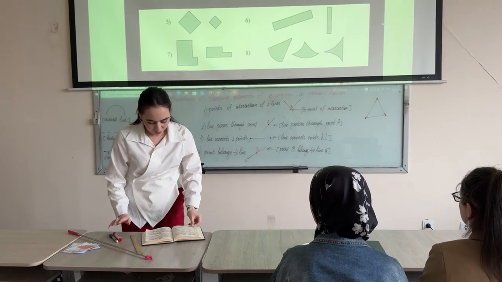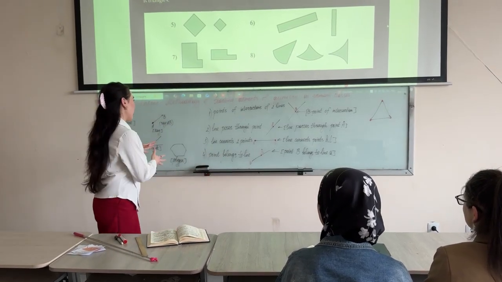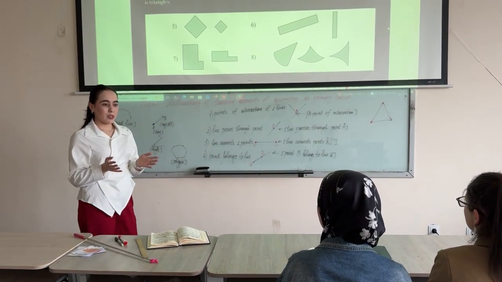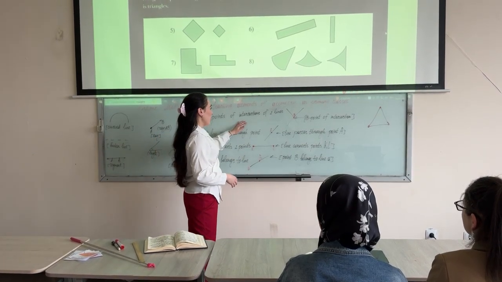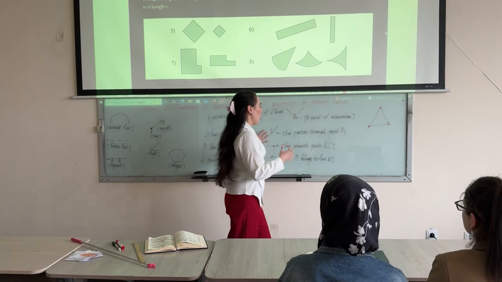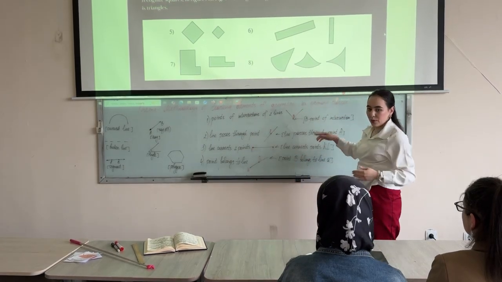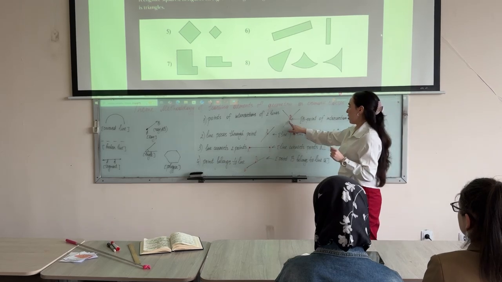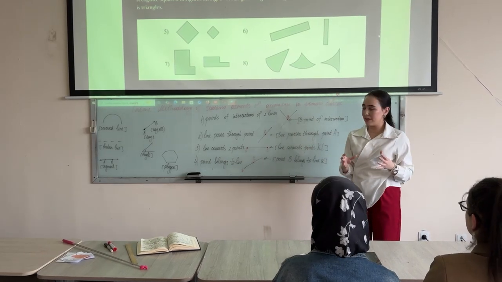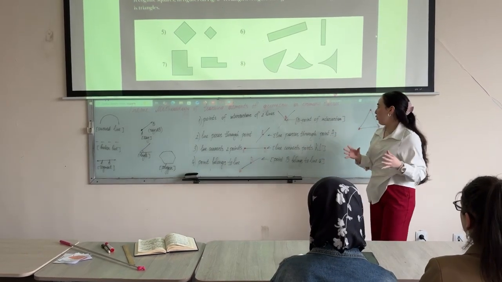After that, the same thing with lines. We need to explain the different varieties of points on lines, like points of intersection of two lines. We can see two lines crossing each other, and one point located in the middle of these two lines, and it is called the point of intersection.